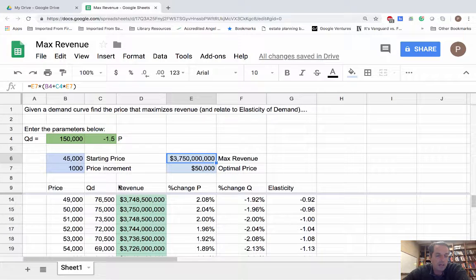In this example, I hit it right on, but to set up this table, I just say, well, let's start now that we know the answer. You don't always have to have that. When I first did this, I knew the answer from the book was 50,000, so I started at 40,000, I think it was, and just ran down a range, adding 1,000 each time.